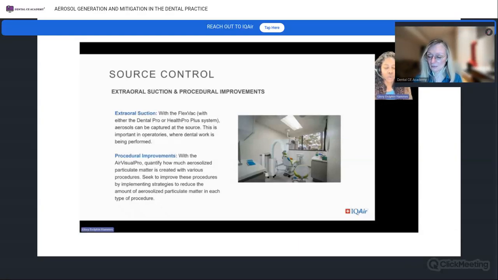I know that quite a few dentists experiment with this, and you're able to do that with the AirVisual Pro. You're able to go from room to room, measure before and after procedures, and it gives you quantified details on how the air quality is doing and what improvements you can make that result in producing less aerosolized particulate matter.